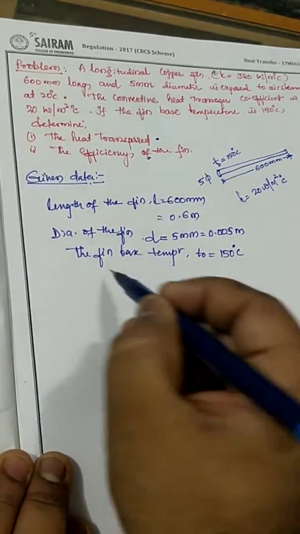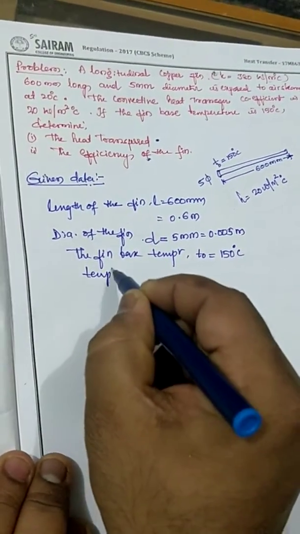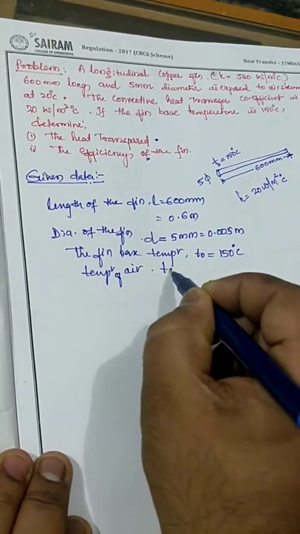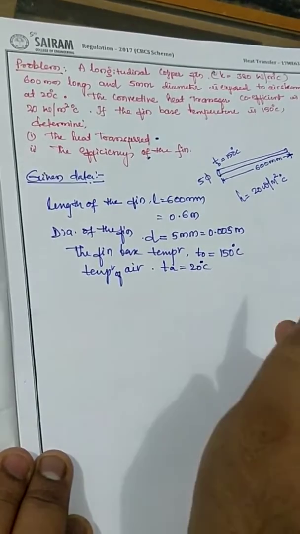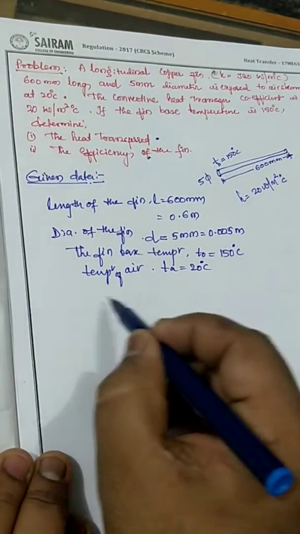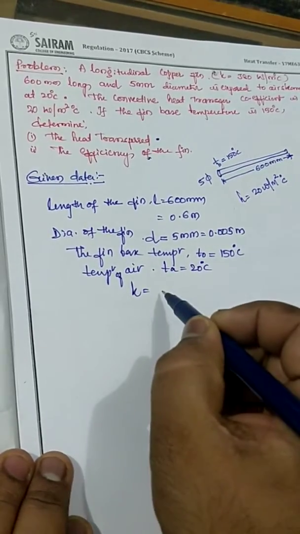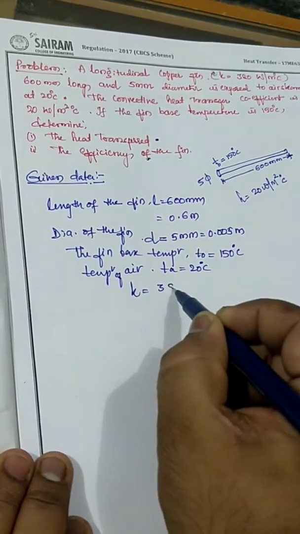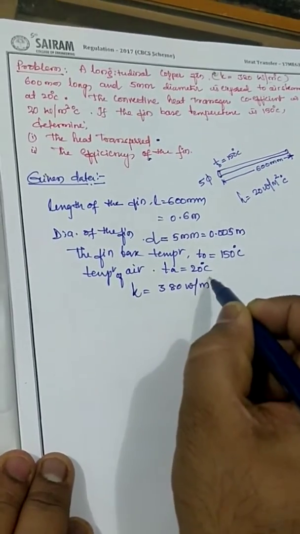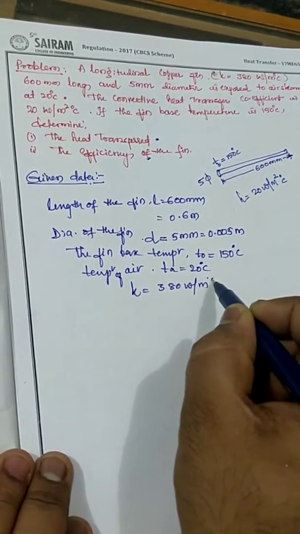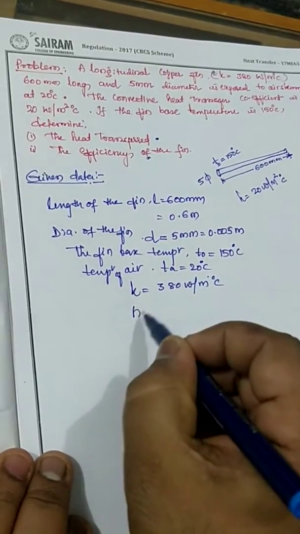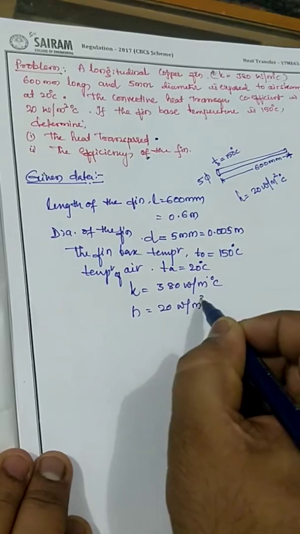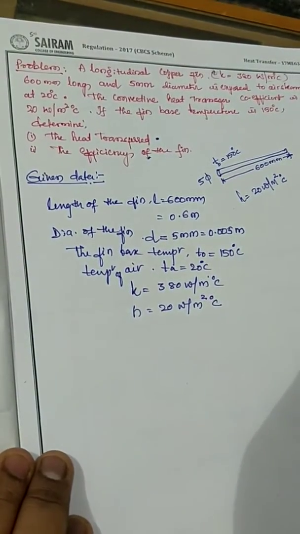The air stream temperature, that is TA, is 20 degrees centigrade, and thermal conductivity of the fin material is given, that is copper, 380 watt per meter degree centigrade, and h is given for the air, that is 20 watt per meter square degree centigrade.